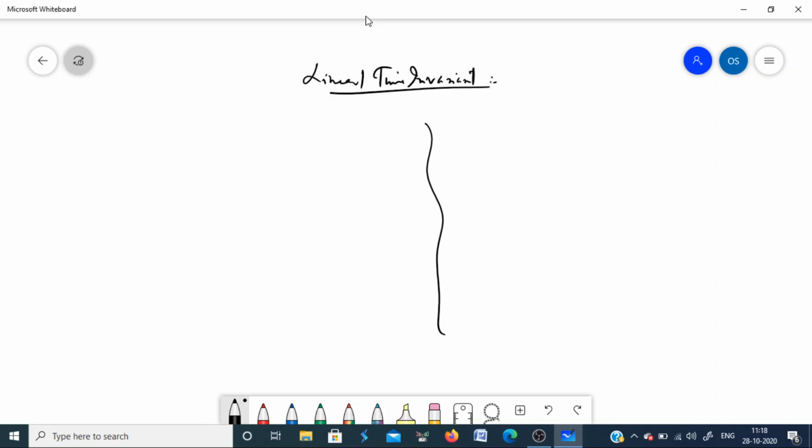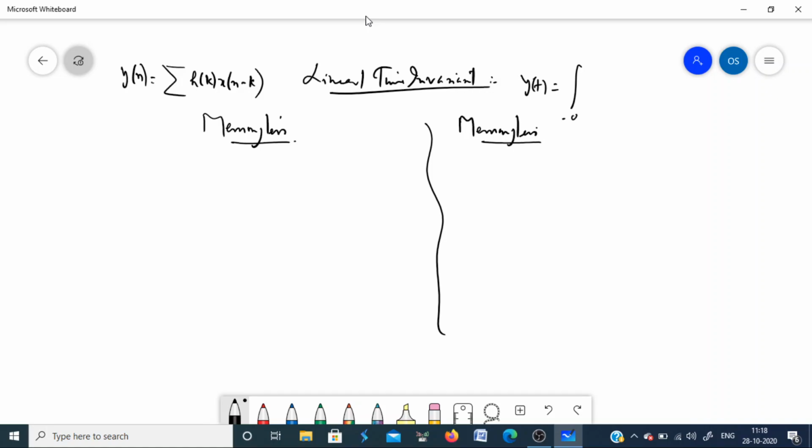Okay, so first was memoryless. For the discrete case I will take it here, and then for the continuous case I will repeat it. For the discrete case you have y[n] equal to the summation of h[k] x[n minus k]. For continuous time you have y(t), which is the integration of h(tau) x(t minus tau) d tau.